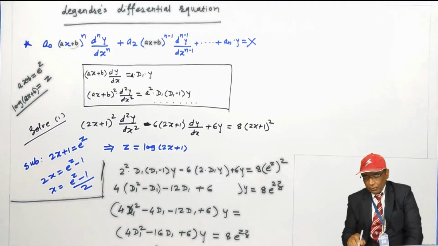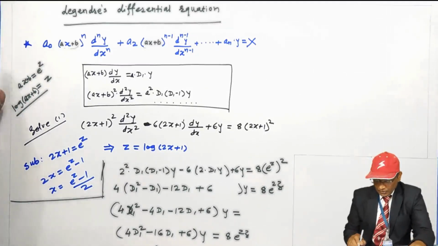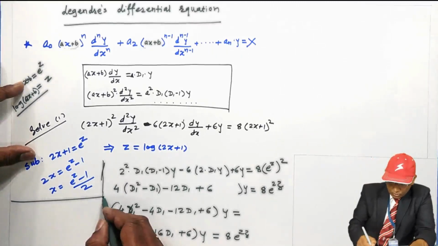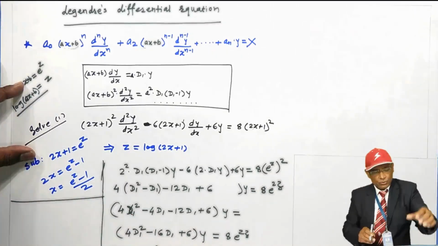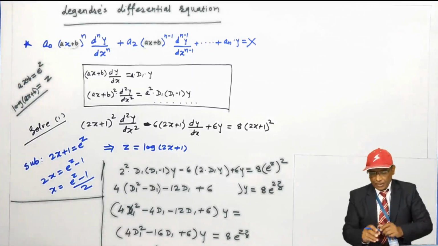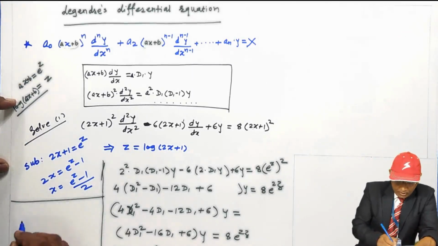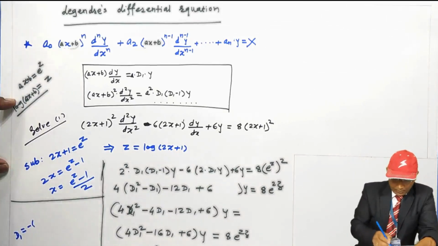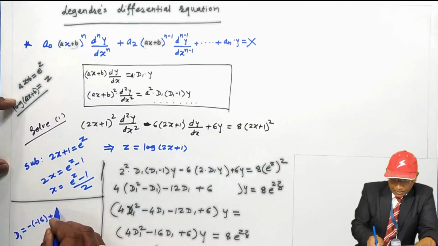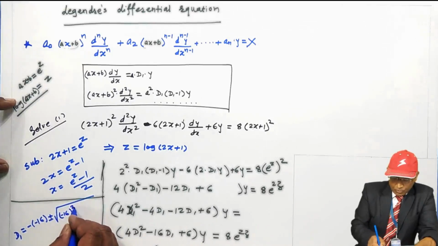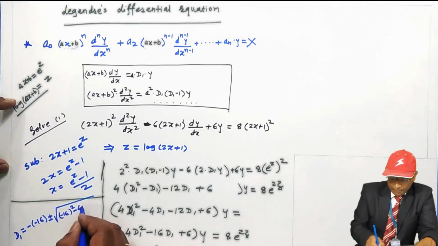Okay, so what to do? 12 multiplied by 2, or you can use this formula also, because I recommended you to use the calculator directly. But if you don't want to use the calculator, how to get the values? D1 equals minus b plus minus under root b square, that is minus 16 square, minus 4ac, where a is 4 and c is 6.